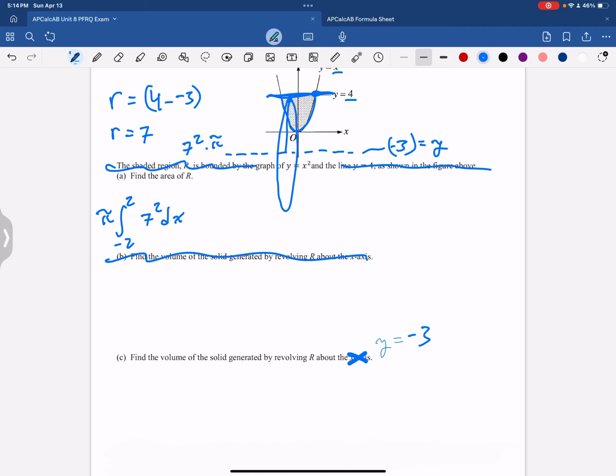For the inner function, let's draw another circle here. When we revolve this curve around that axis, it would look like this down here. Oh wow, that's an upside down parabola, so I'm just trying to copy that parabola down here. Then we would be getting these circles to make this solid.